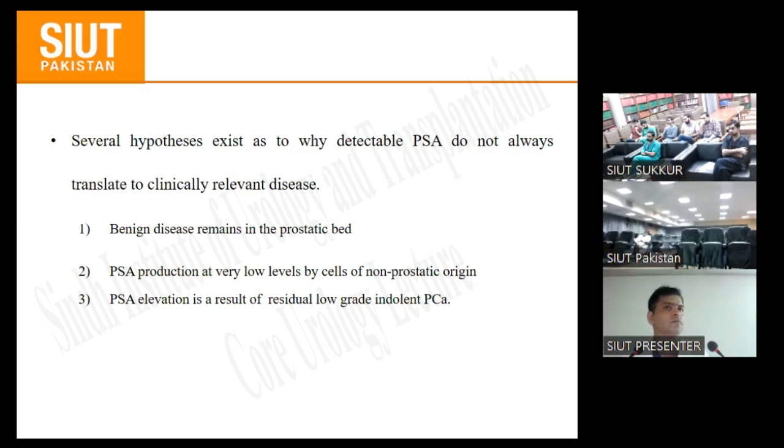Then it is the first step of recurrence that can be picked up by means of biochemistry, and that is the biochemical recurrence. So now PSA is being used more as a prognostic marker rather than a diagnostic marker. That is something which must be clear in all of our minds.